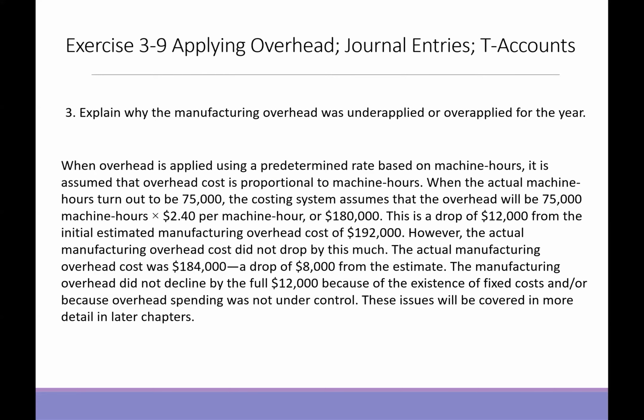This is a drop of 12,000 from the initial estimated manufacturing overhead cost of 192. But why it's goofy is our actual manufacturing overhead costs are really only 184. They dropped 8,000 from what we estimated.